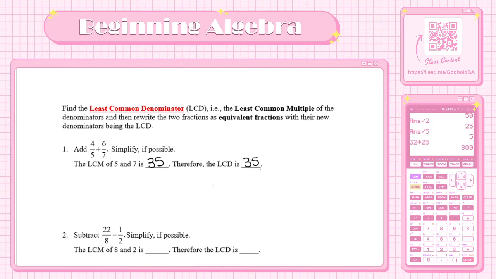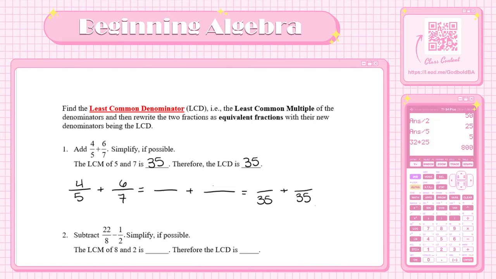Okay, so if I want to add these two fractions, I've got 4 over 5 plus 6 over 7. I need to rewrite them so that they both have the same denominator. I want them both to have a denominator of 35, because that's the least common denominator.